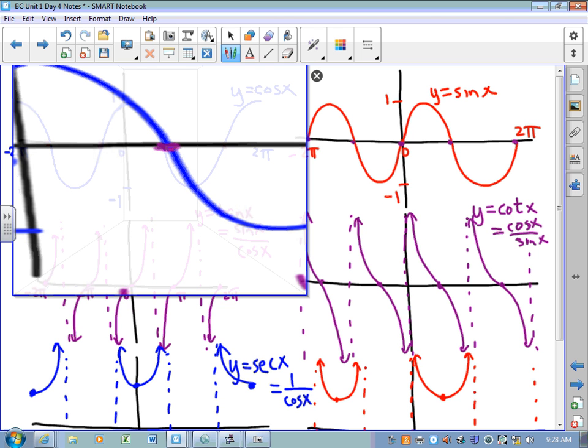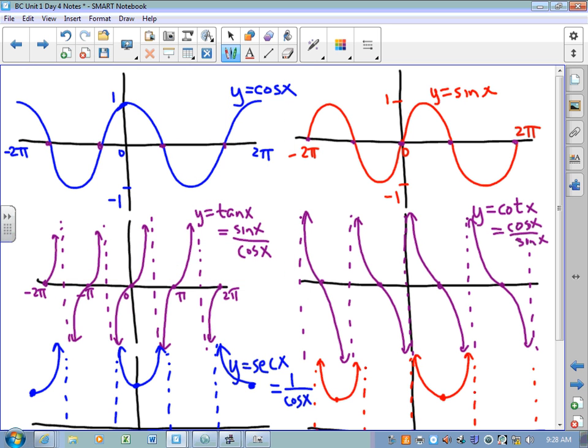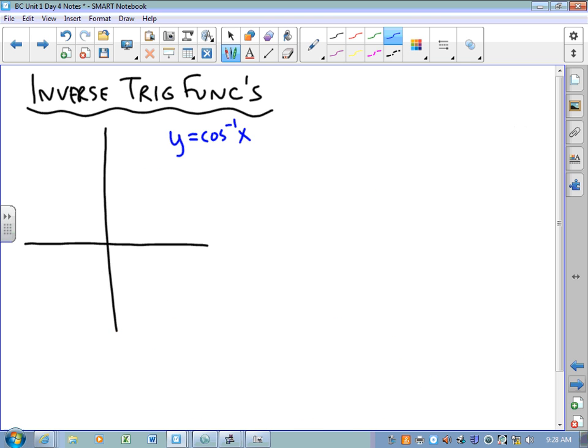If we cut things off at 0 and pi, we restrict the domain in such a way that the function is one-to-one. So the point (0, 1) is on the original graph, and so the point (1, 0) is on the inverse graph.